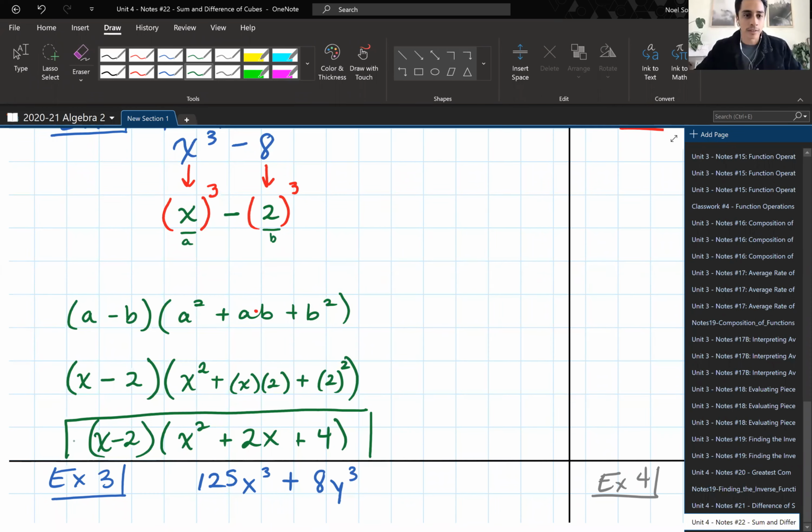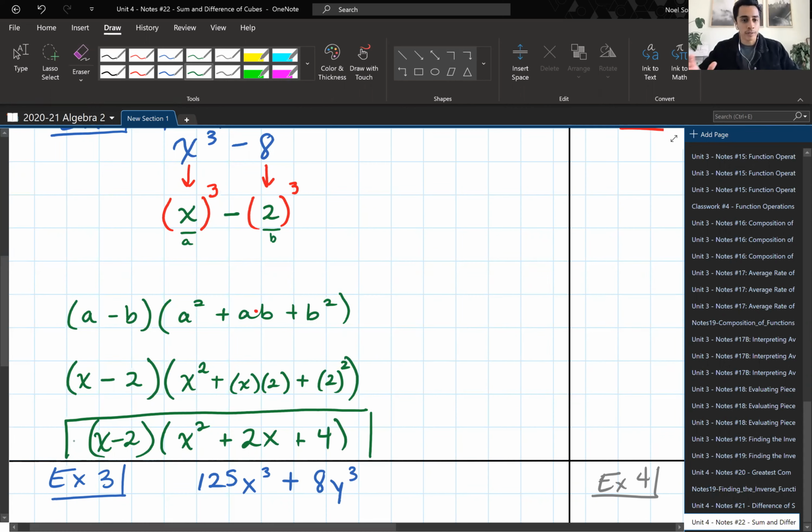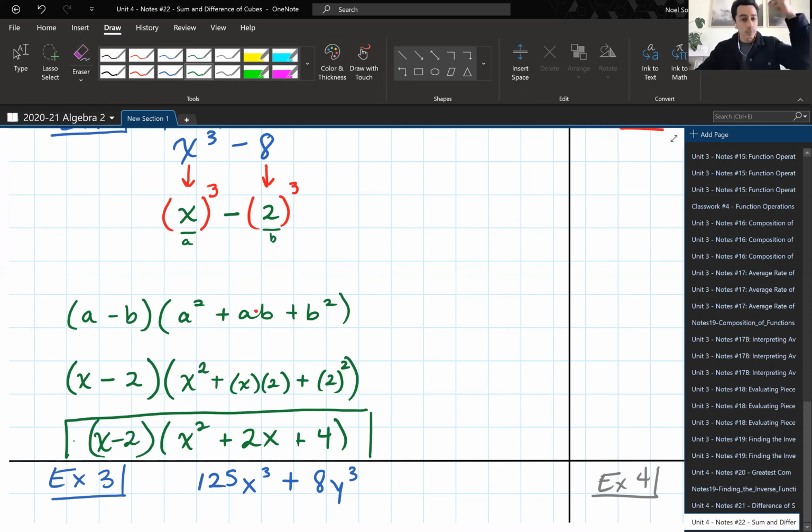Okay, any questions on example number 1? So see, our job is fairly simple here. We're just trying to find out what is the a term? Like, what is the term that got cubed? Because that's what we're going to need, right? So it's sometimes just a simple variable, or it's a small number, right? What number got cubed that gave us 8?